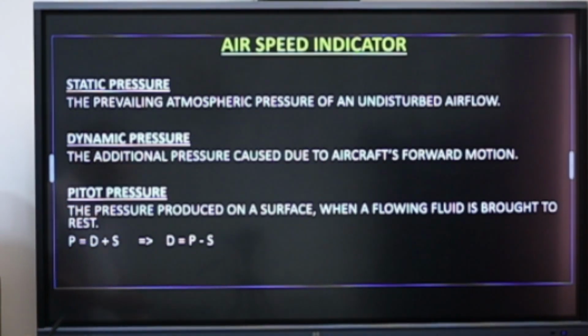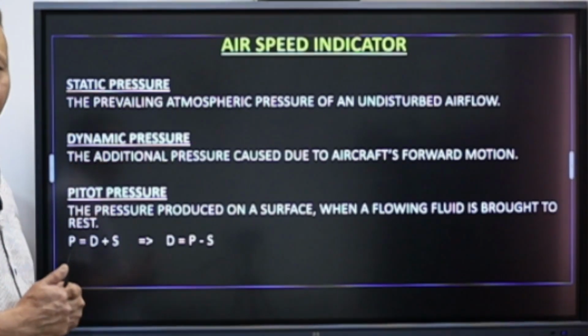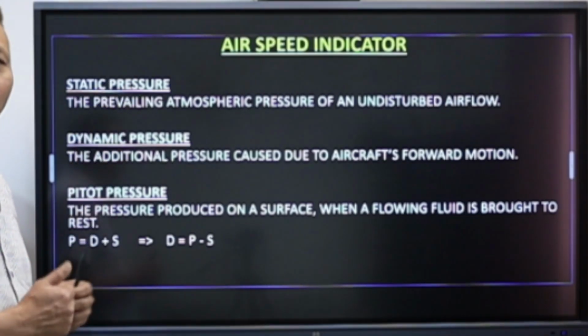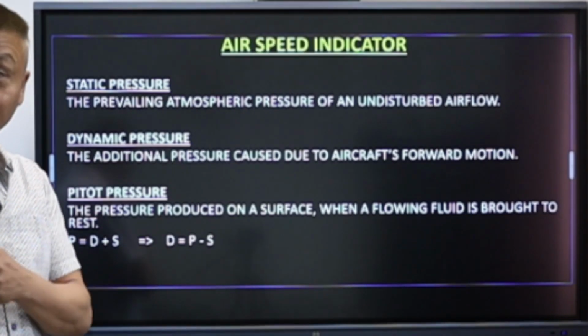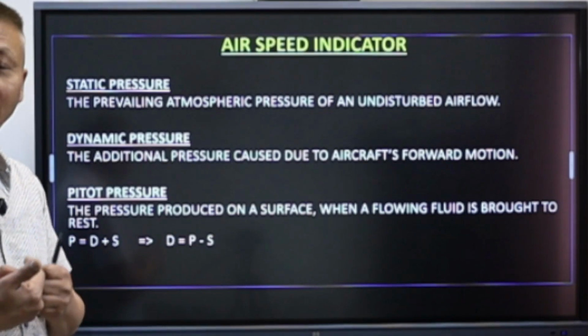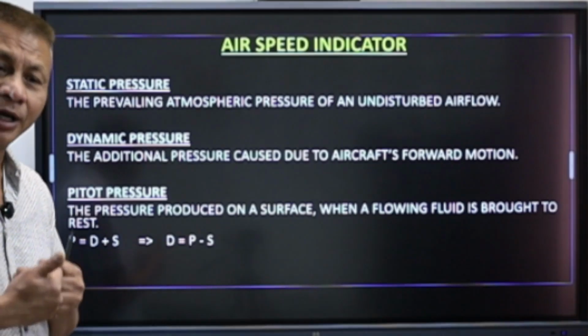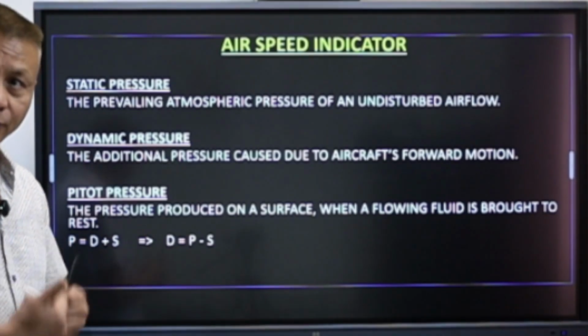So now, the aim or fundamental behind this instrument, that is the airspeed indicator, is to find out that portion of the pressure which is there because of the motion of the aircraft. That pressure is what we call the dynamic pressure, as we discussed.